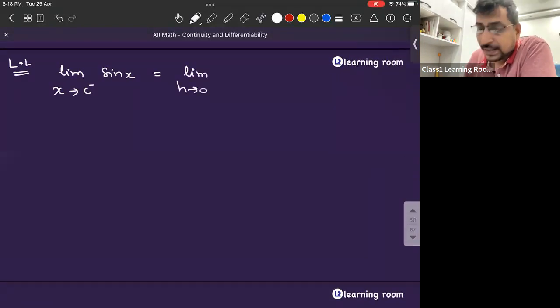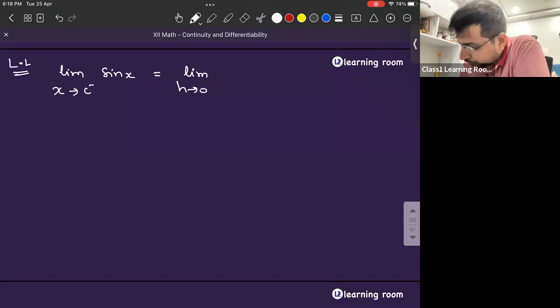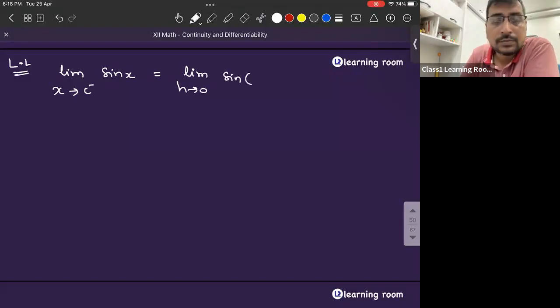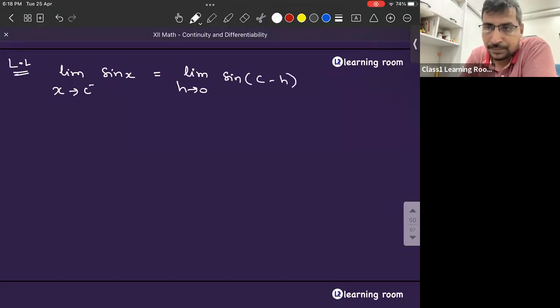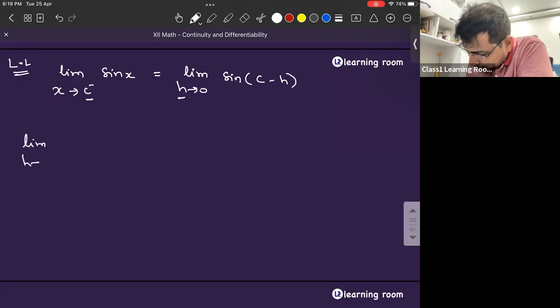Limit h tends to 0. I'll write it as sin of c minus h. The c minus and h should be combined. You write it as sin of c minus h. So limit h tends to 0.